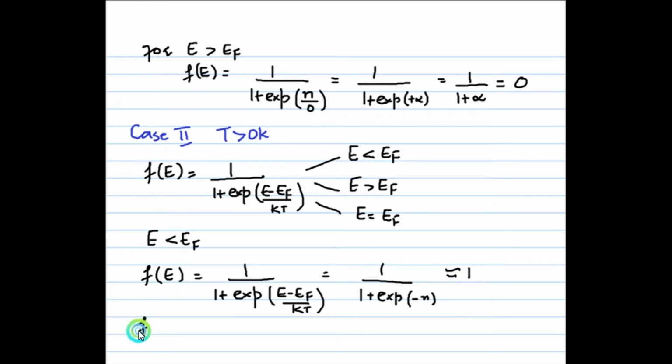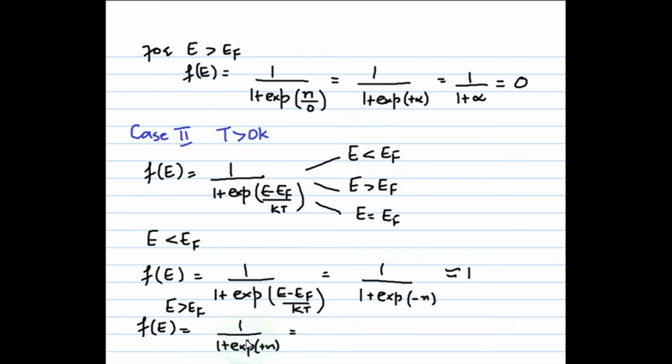Then again, for the other case where E is greater than EF, we'll have 1 plus exponent of plus n, right?